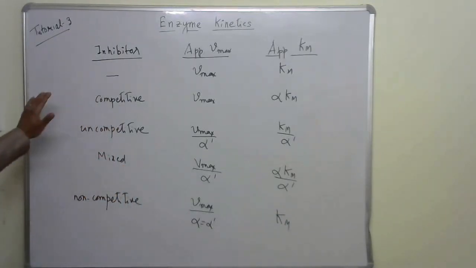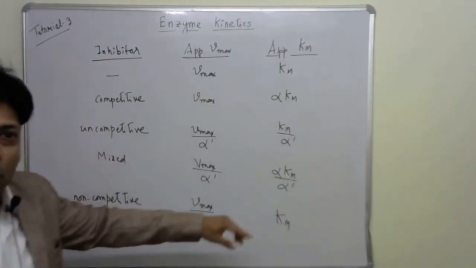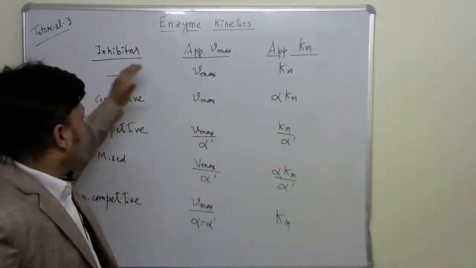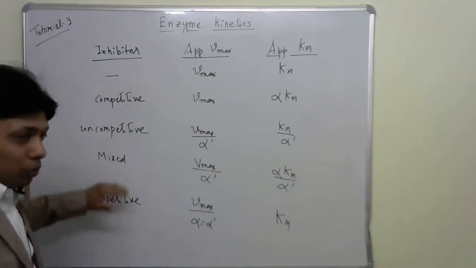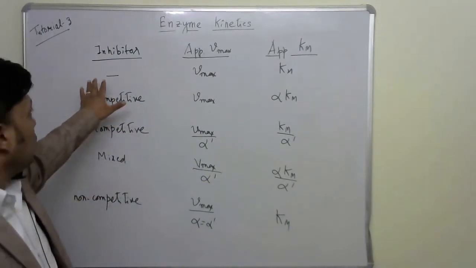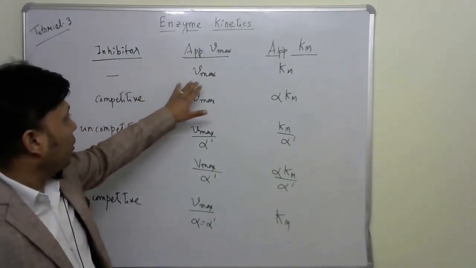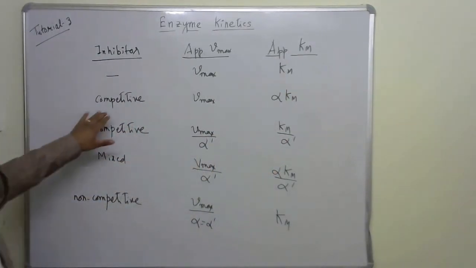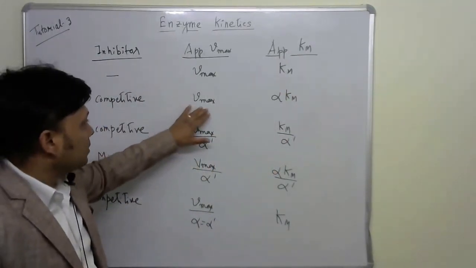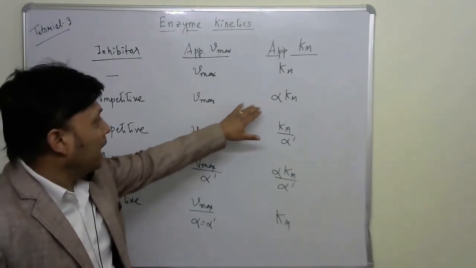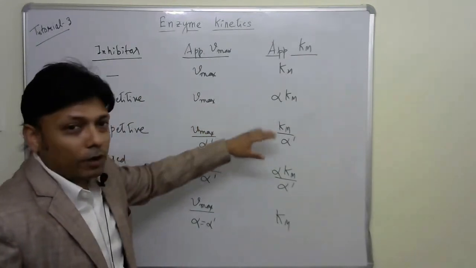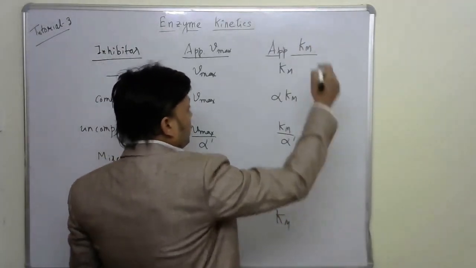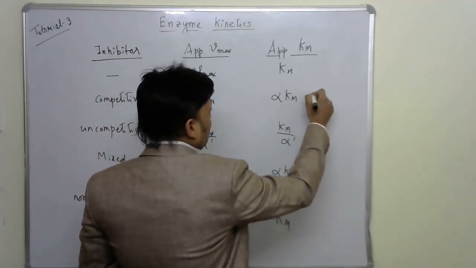So here we go. I have written a summarized form of all these parameters with respect to different inhibition mechanisms. When there is no inhibitor, apparent Vmax is Vmax and apparent Km is Km. And then for competitive inhibition, apparent Vmax remains unchanged and Km becomes alpha Km. So with increasing I, we can write that it increases.